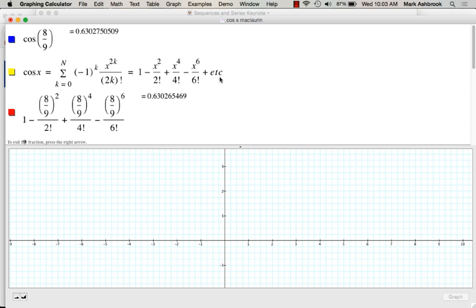The sequence has to converge to 0. For a series to converge, the sequence has to converge to 0. So these terms are getting really, really small. By adding and subtracting these smaller and smaller values, we're changing the sum by smaller and smaller fractions.